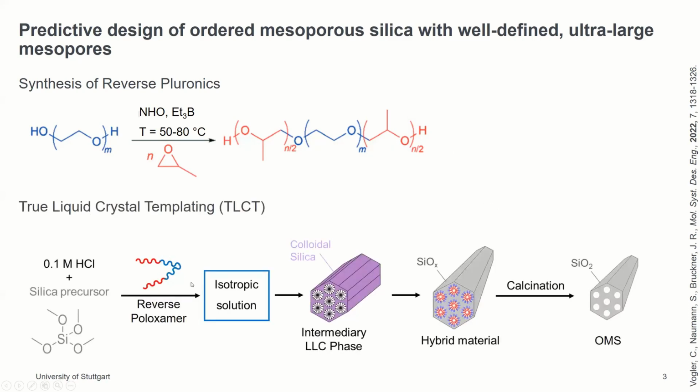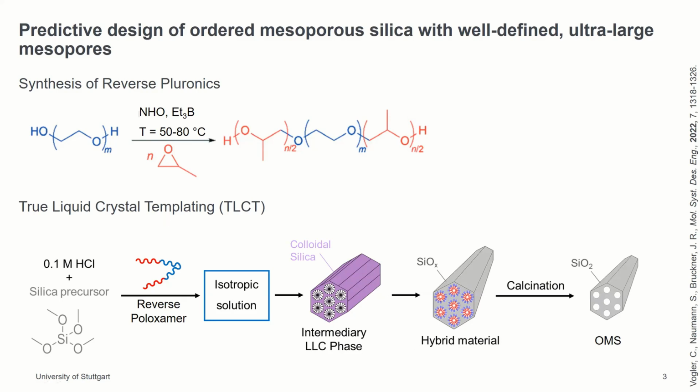This kind of molecules we then used in the True Liquid Crystal Templating, where we mix it with water and a silica precursor, and then due to a self-assembly process, an intermediary liquid crystal phase is formed. Here we have elongated micelles which order on a hexagonal lattice, and we have the colloidal silica surrounding these micelles.